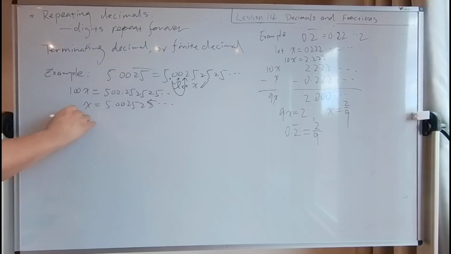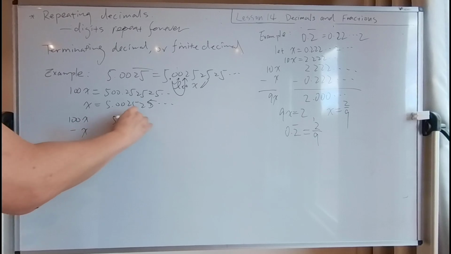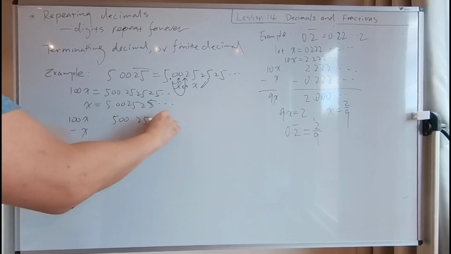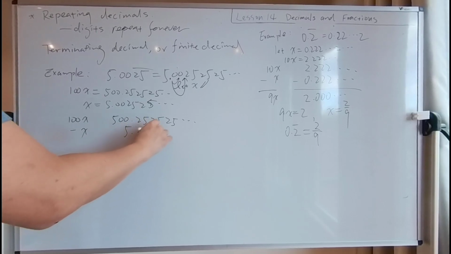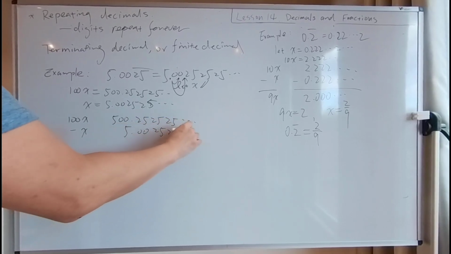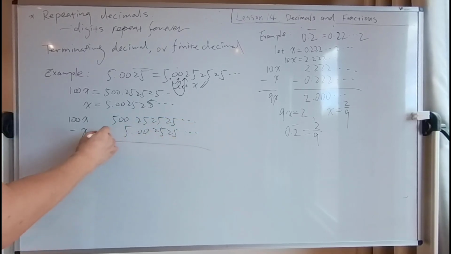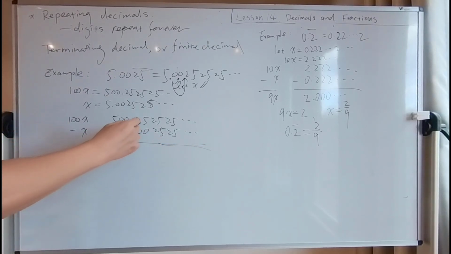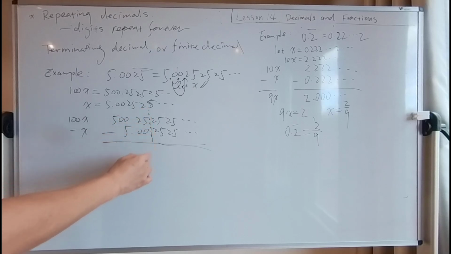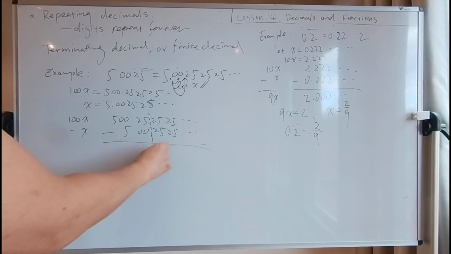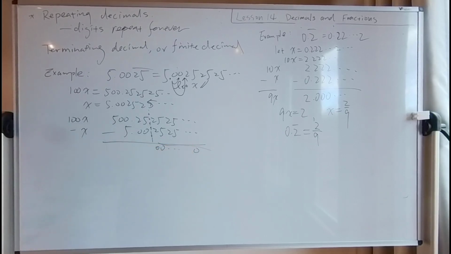So 100x minus x is 500.252525 minus 5.002525, right? Now you see why I'm multiplying by 100, because up to here, all the digits are repeating similarly with the number 25, so there will be infinitely many zeros, no problem.